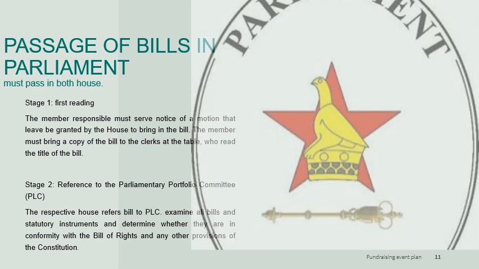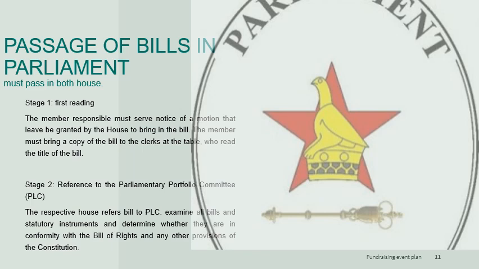Now, let's continue. The first stage, this is the first reading of the bill. A member responsible for the bill must serve the notice of intention that leave be granted by the House to bring the bill, right? And then the member must bring a copy of the bill, and the clerk reads the title of the bill, right? So the first stage, we're just dealing with bringing a copy of the bill to Parliament and reading the title of the bill.